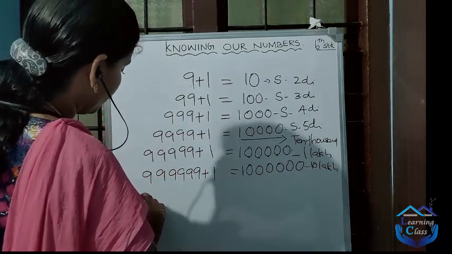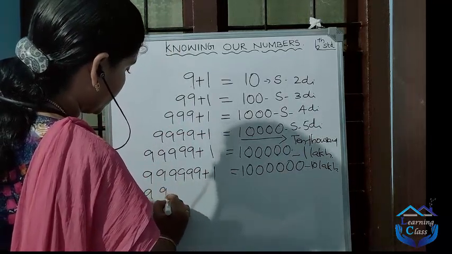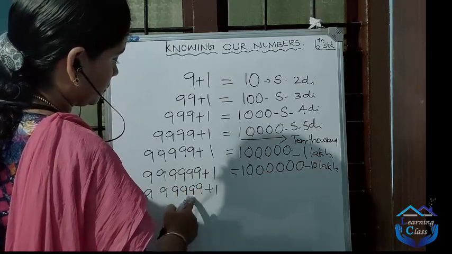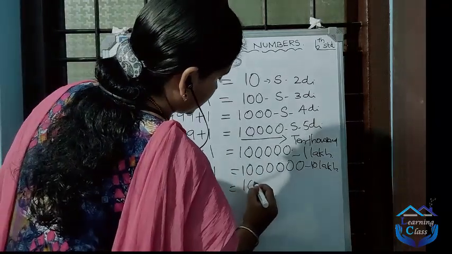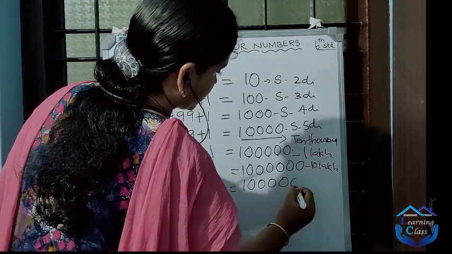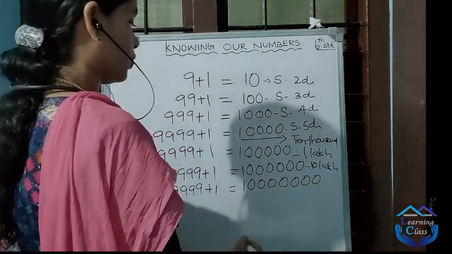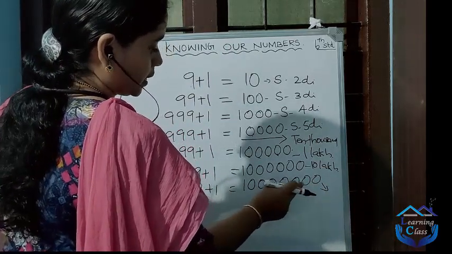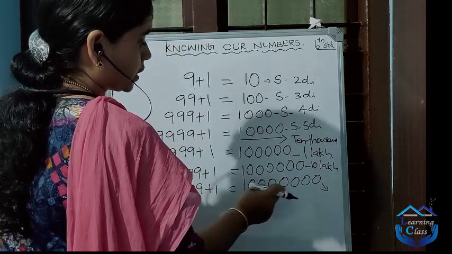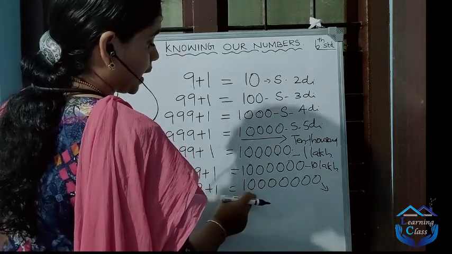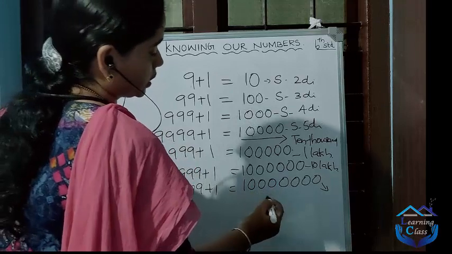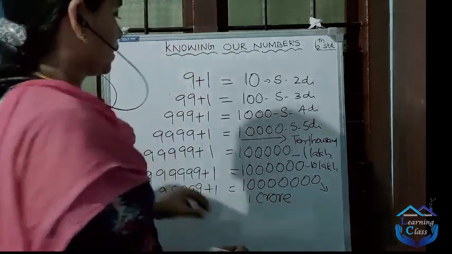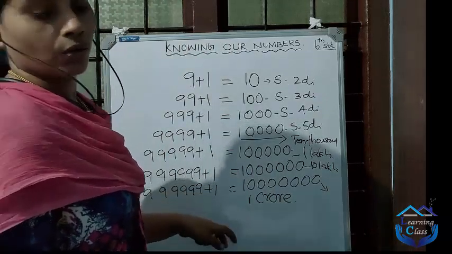If we add 1 with the greatest 7-digit number, we get, how many digits are here? Ones, tens, 100, 1000, 10,000, lakh, 10 lakh, then crore. This is called 1 crore. Clear? This is 1 crore.